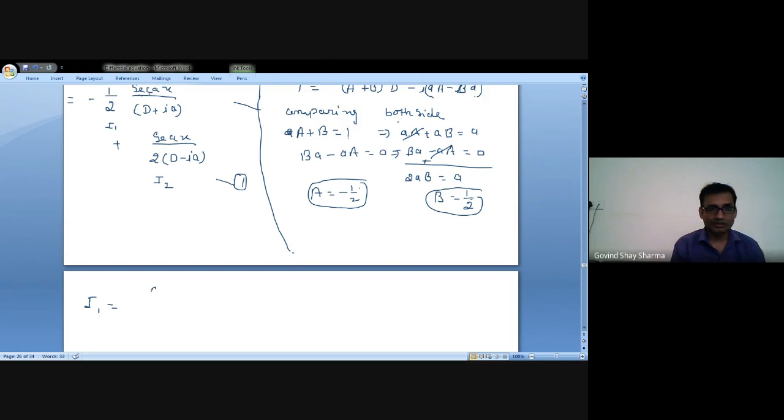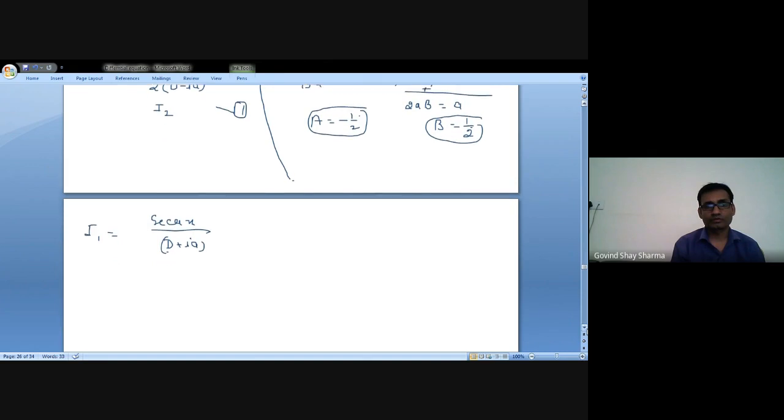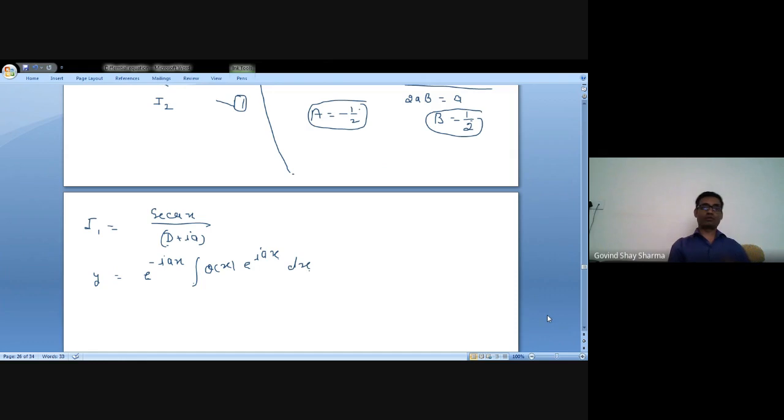Now we take sec ax on D plus ia. Now the first part of the PI. So here we use the general method. The solution of the general method is y is equal to e to the power minus iax integration of Q(x) e to the power iax dx. This is from the general method. Yesterday I told you about the general method.